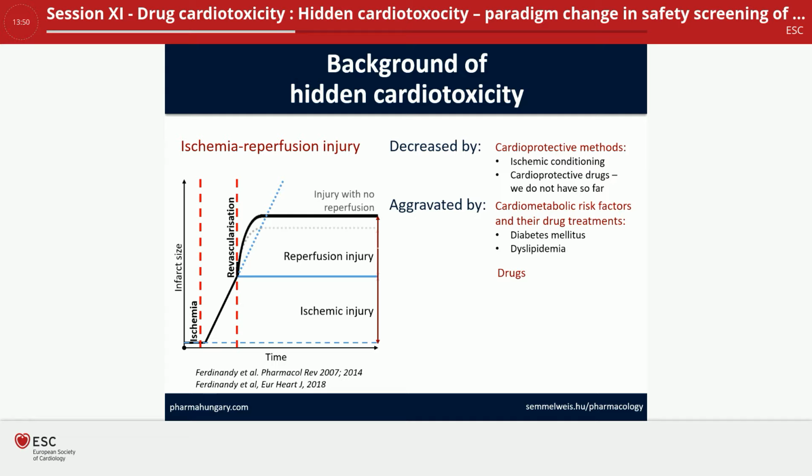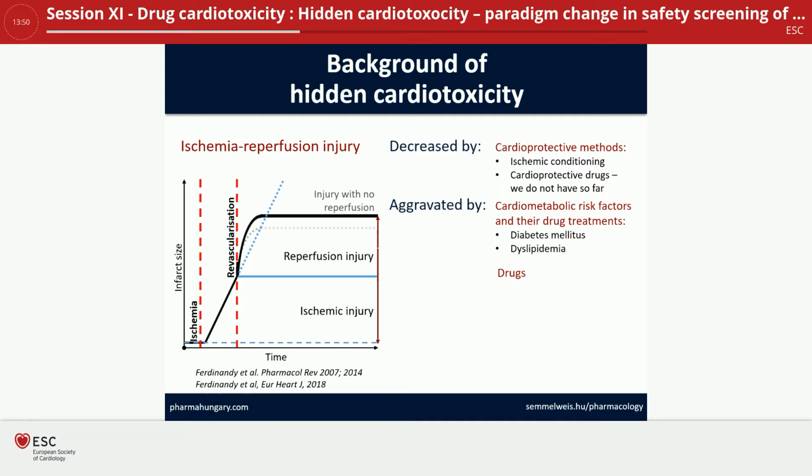In other words, some drugs can block pre- or post-conditioning or remote conditioning, which now we know. For example, propofol blocks remote conditioning, and it seems that long-term statins can block the effect of postconditioning.